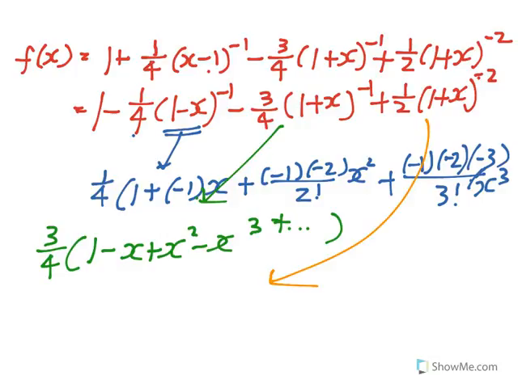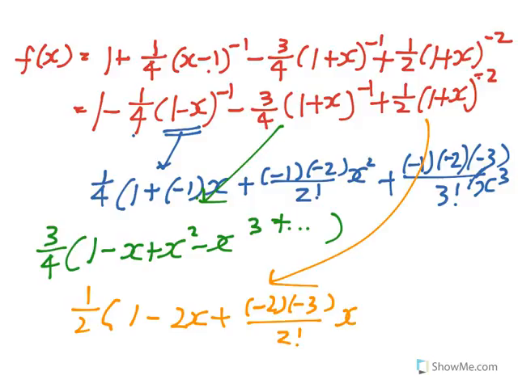How about the half of (1 plus x) to the power -2? That's going to give you half of 1 minus 2x, then plus (-2)(-3) over 2 factorial x squared plus (-2)(-3)(-4) over 3 factorial x cubed, and so on. At the start you're doing all this working, but eventually you have to present your answers properly.